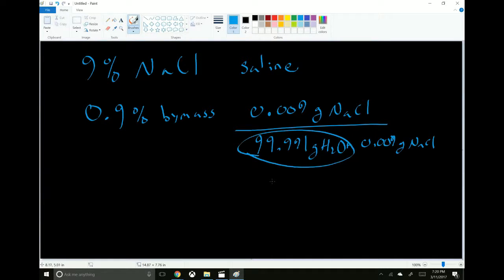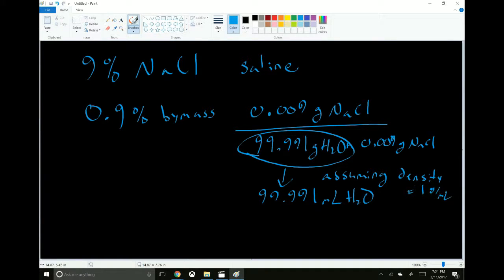So 99.991 grams of H2O. Let's just go ahead and assume it's at room temperature. It's nice and normal, so it's 99.991 milliliters of H2O, assuming density equals 1 gram per mil.